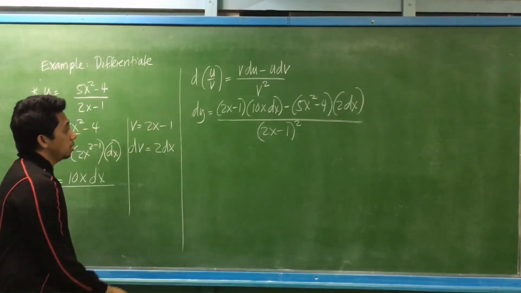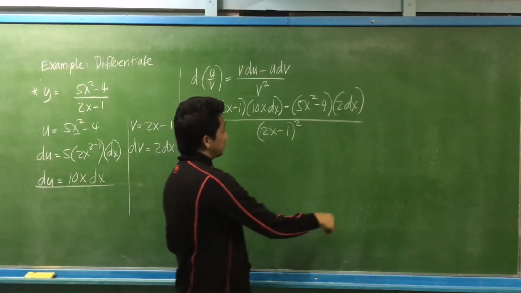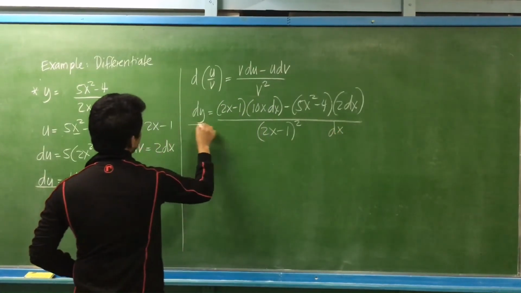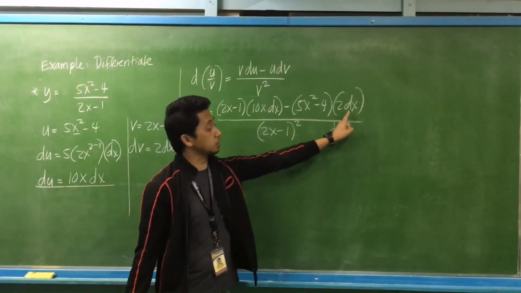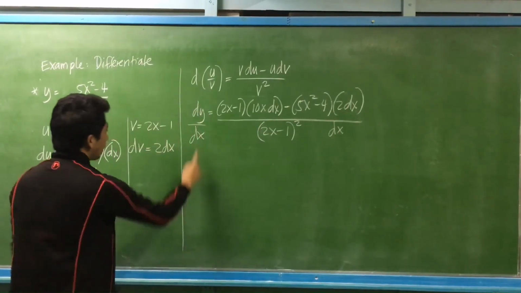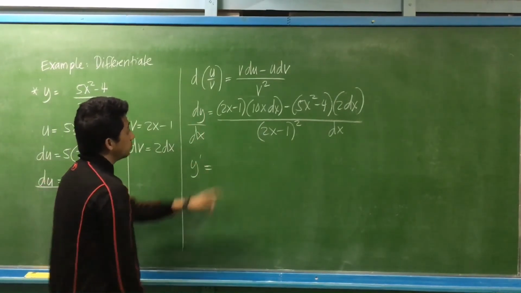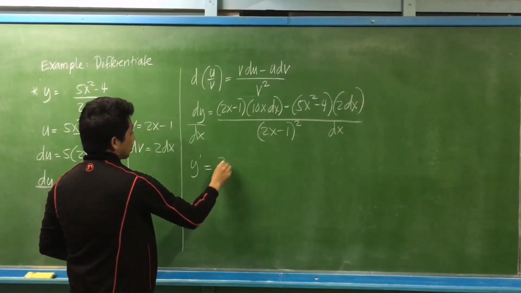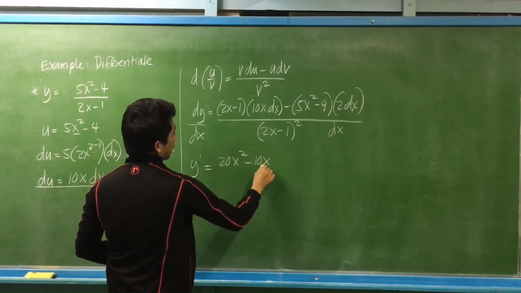Then we simplify. We may divide both sides of the equation by dx. As you can see here, we can factor out dx. So we have dy over dx, or it is the same as y prime is equal to 2x times 10x is 20x squared minus 10x.